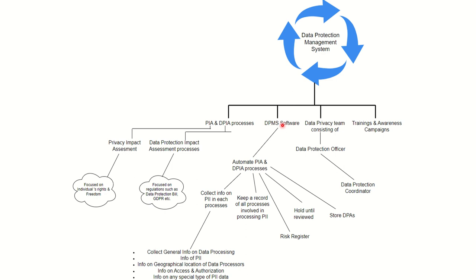The data protection management software will automate these processes to some extent. More importantly, it will keep a record of all the processes that are involved in processing the PII.